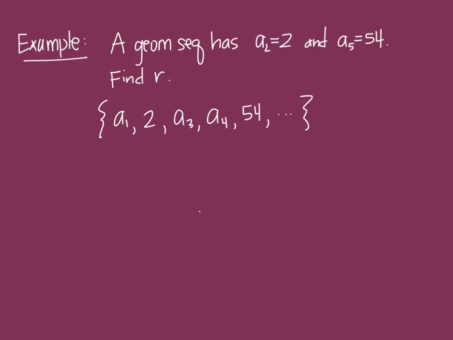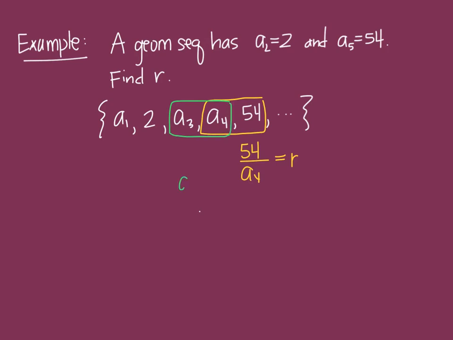Where does R come from again? Remember, R is the ratio between two terms. So let's work our way backwards. Let's take the last two terms. Their ratio would be 54 over A sub 4. That should be equal to R. If I go backwards, another pair of terms, let's put a green box around them.